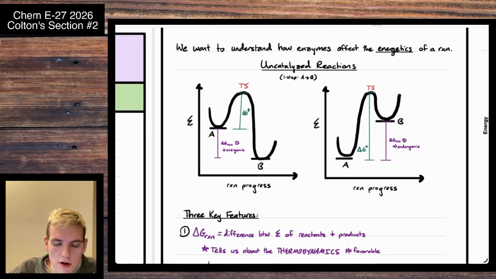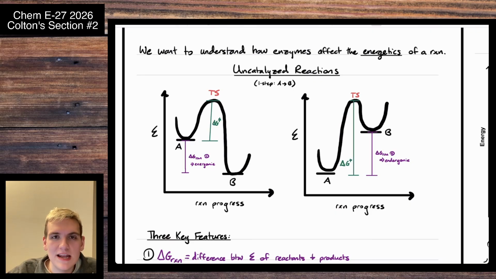So let's start off with energetics of a reaction. Energetics meaning things that are related to thermodynamics and delta G and energy levels and activation energy and all of that. So let's start off with uncatalyzed reactions, and let's start off with a one-step reaction.